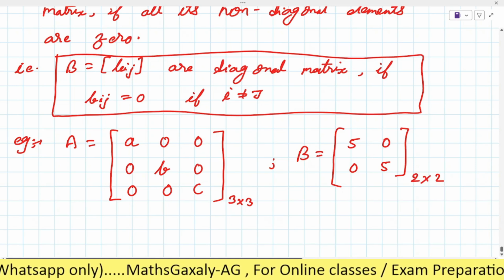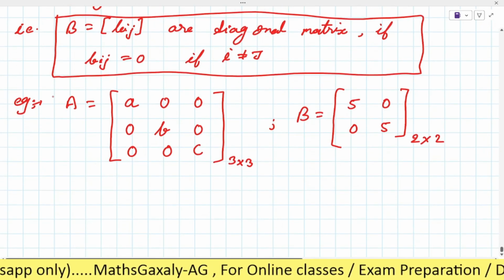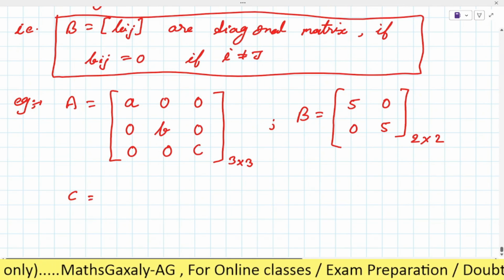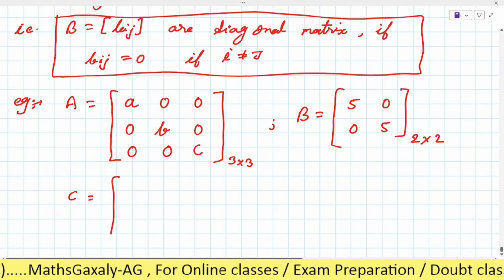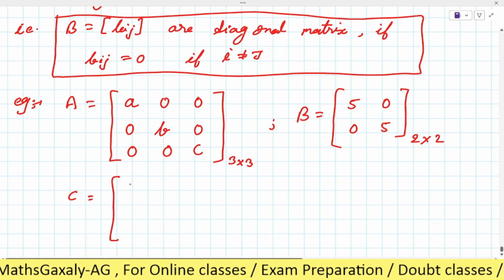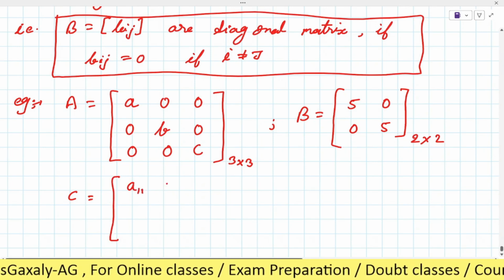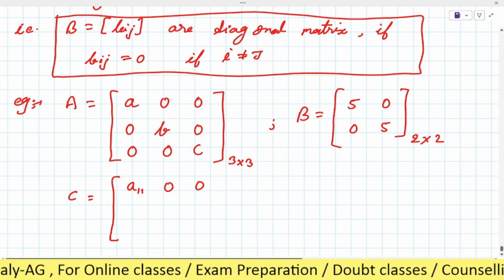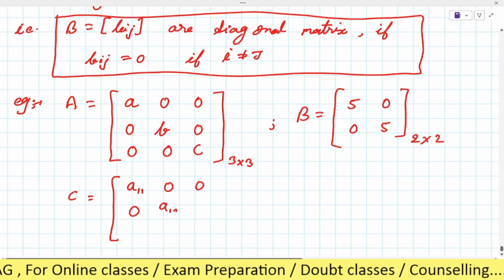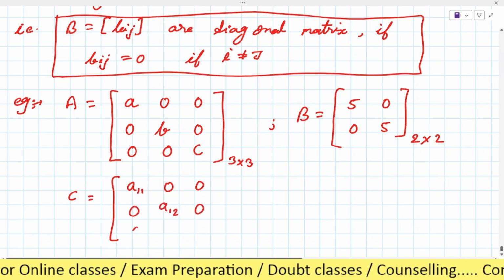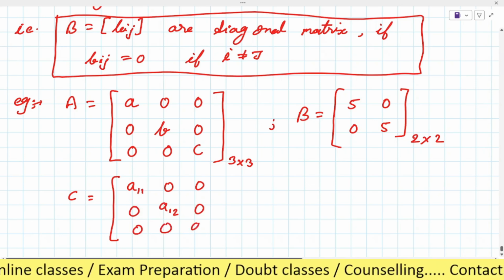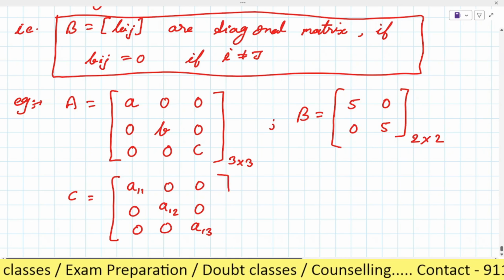Similarly, the standard form we can write with all elements: a11, 0, 0, 0, a22, 0, 0, 0, a33.